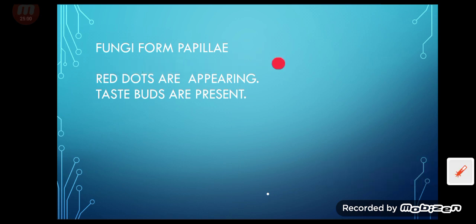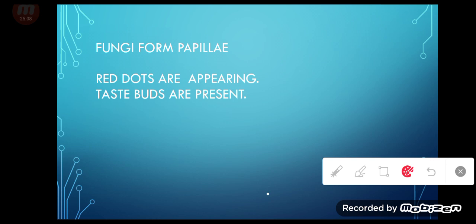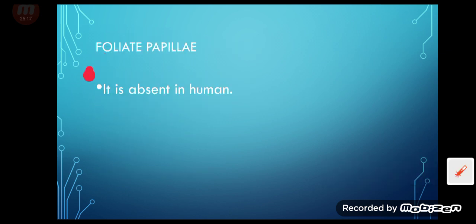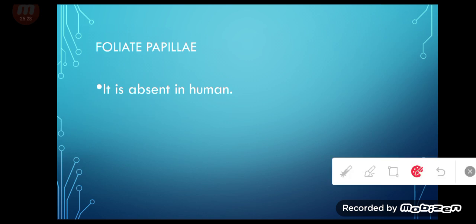Next one is fungiform papillae. Here red dots are appearing and taste buds are present in fungiform papillae. Next one is foliate papillae. It is absent in humans, means it is not present in humans.